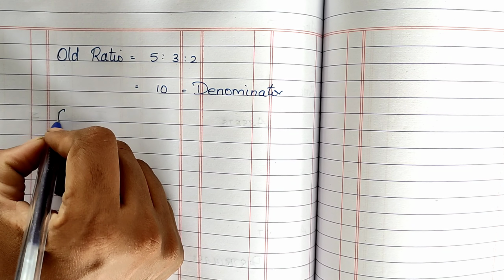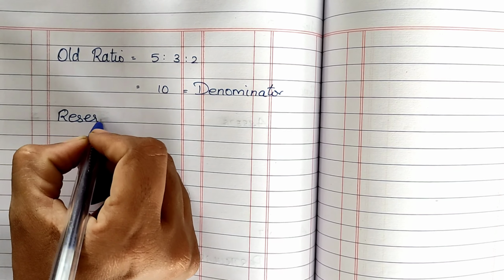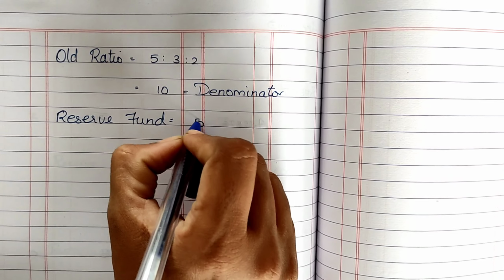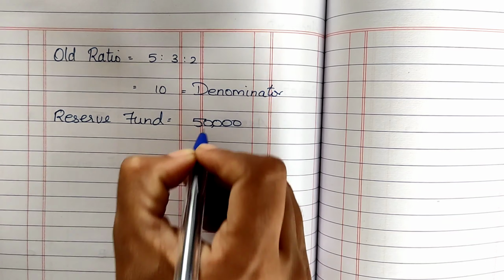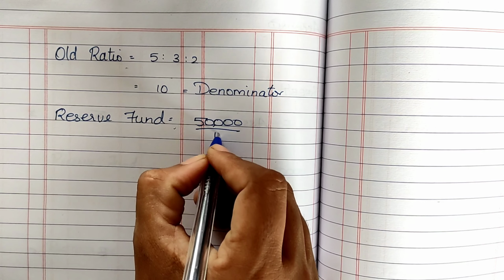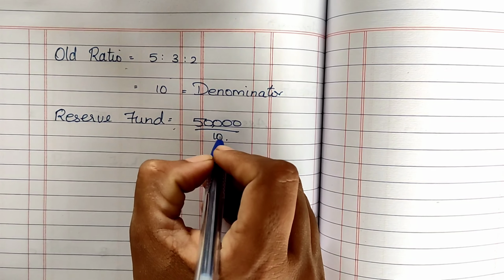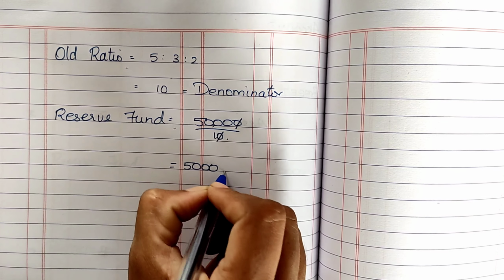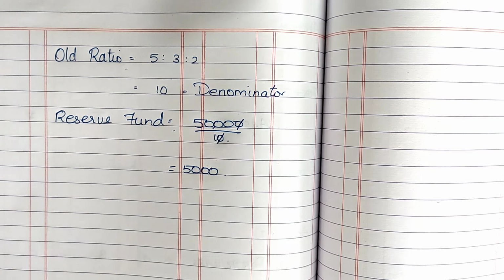So now I'm going to write the reserve fund. Reserve fund for this particular sum is rupees 50,000. First step, add. Second step, divide with the number which you got. So if I divide by 10, I get 5,000. So each person gets 5,000 into his share.